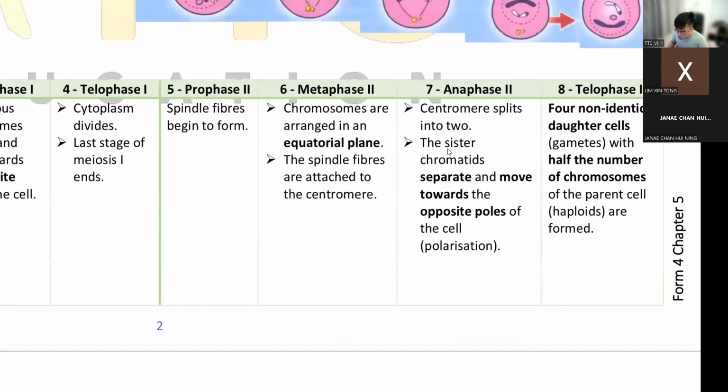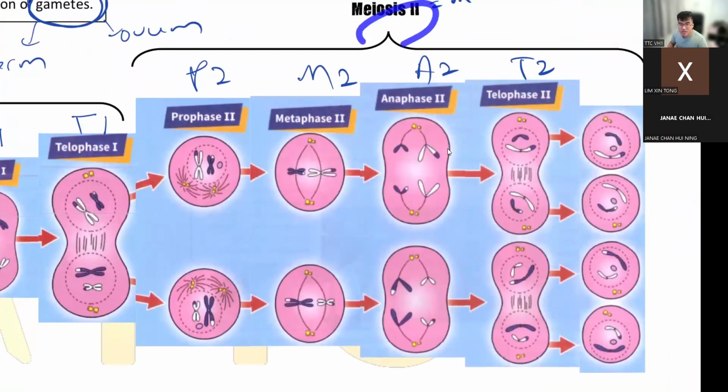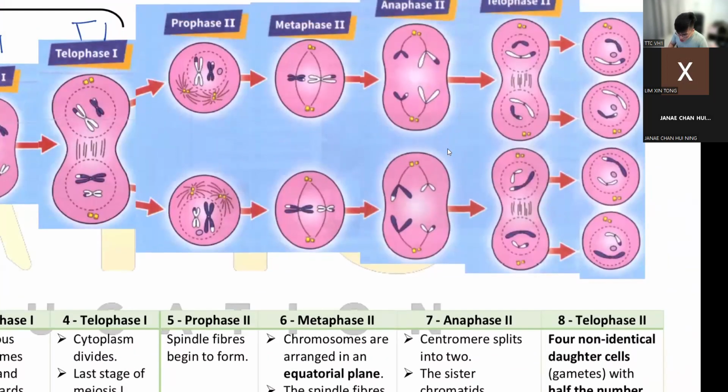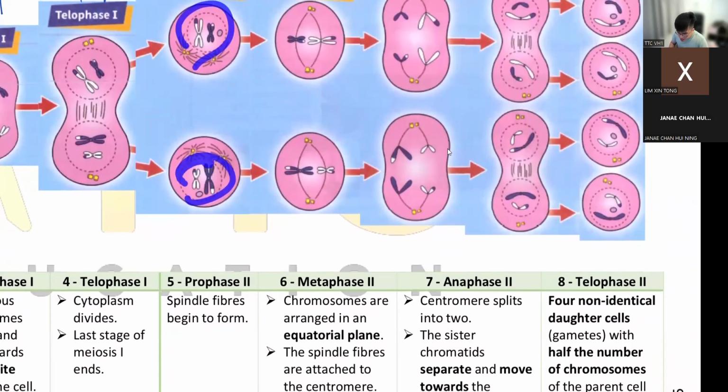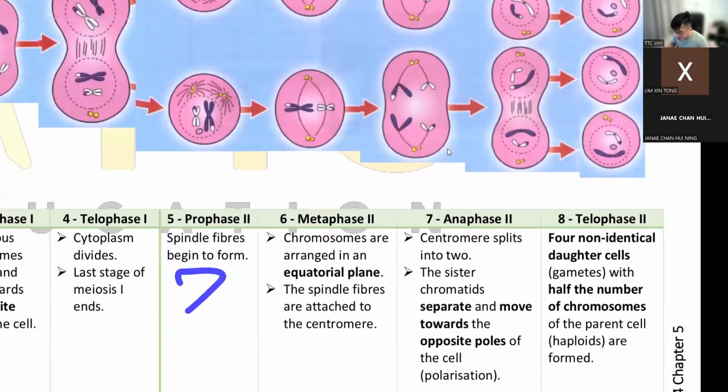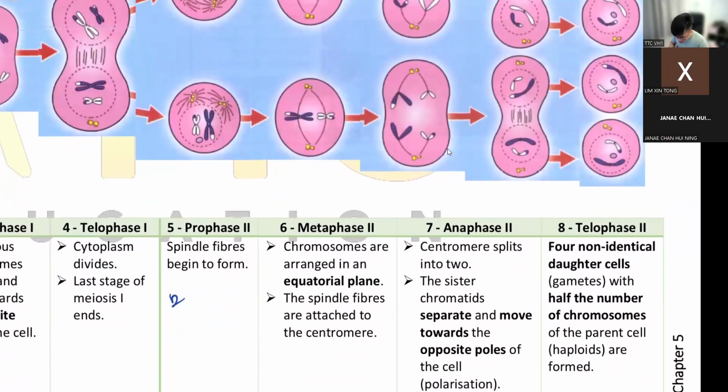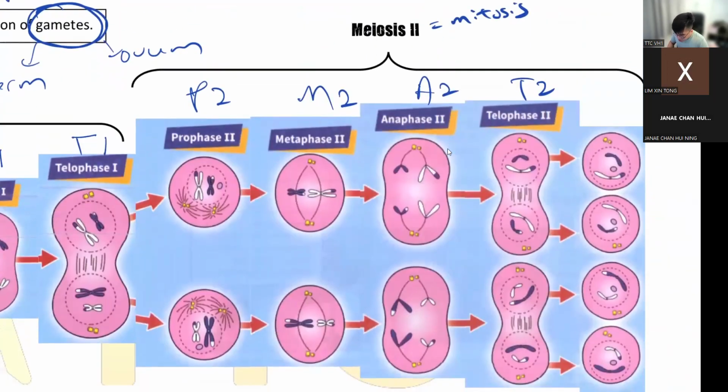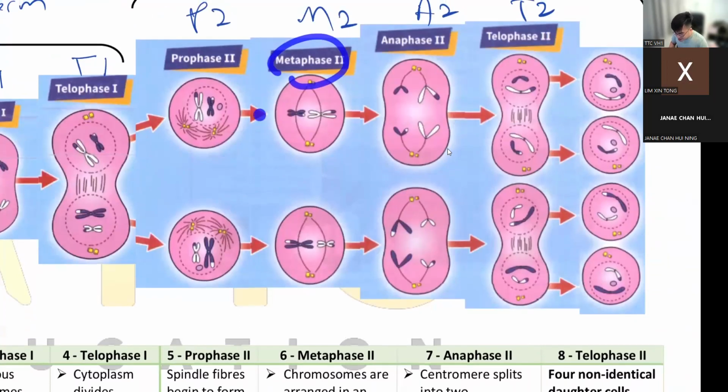And then if you go to meiosis 2, it's actually the same. You see? They are chilling, they become visible. They didn't write it here, I can write the same for here. And then for metaphase 2, can you see they arrange?